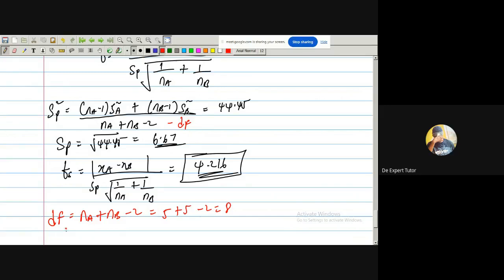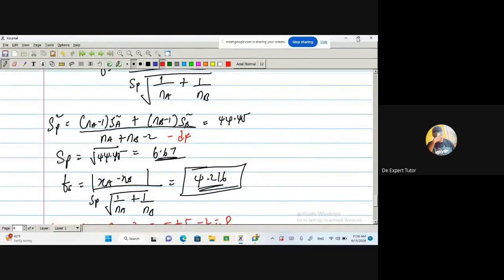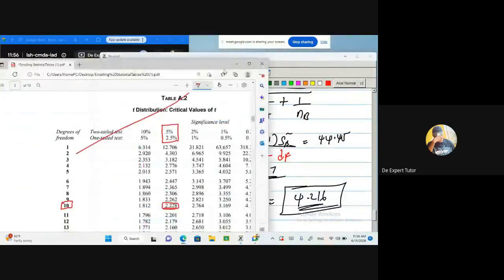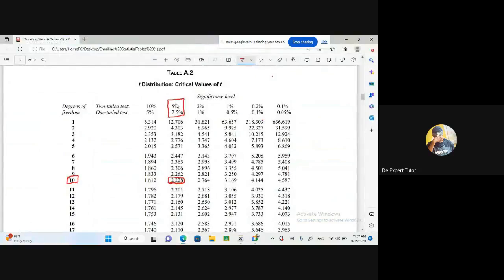And our alpha is 5%. So let's go to our table to get the critical T. Now look at this. These are 5%, and our degree of freedom is exactly 8. So just trace this.